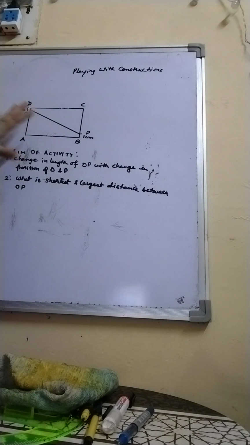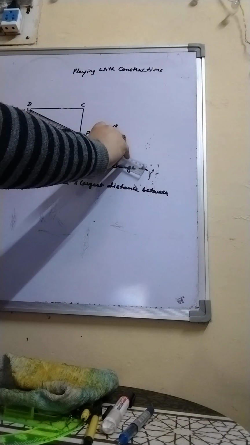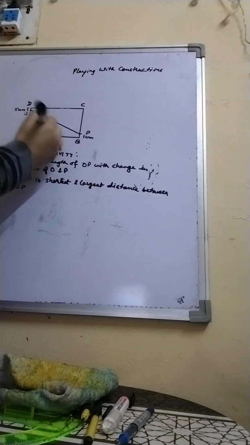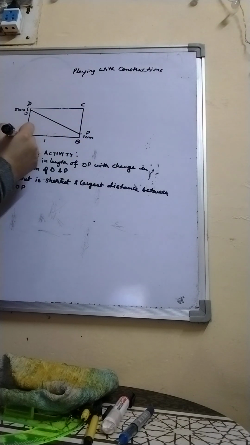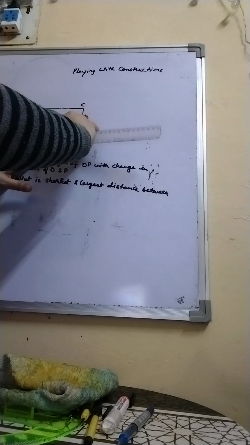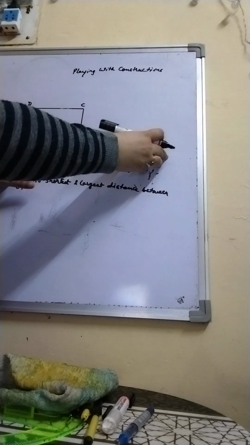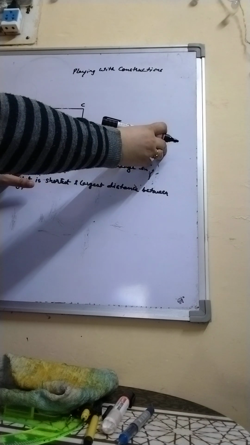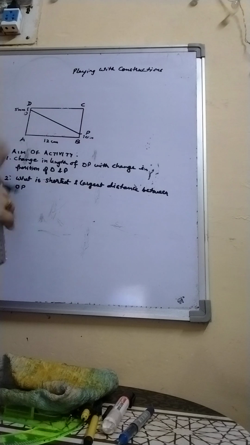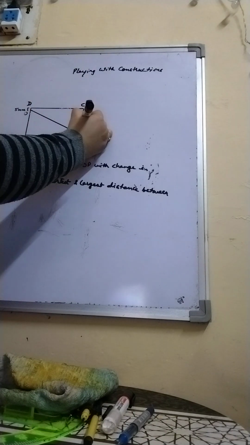So here let us measure what is the length of OP. So I get it is around 13.5. Now the distance which I have taken for the rectangle is 12 centimeter and this is 7 centimeter.